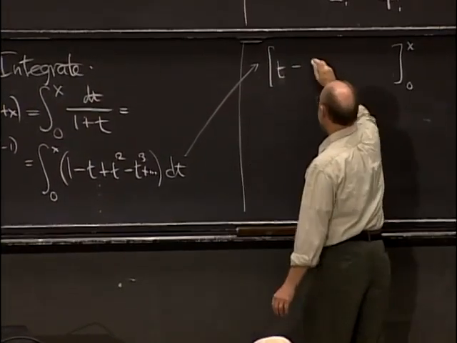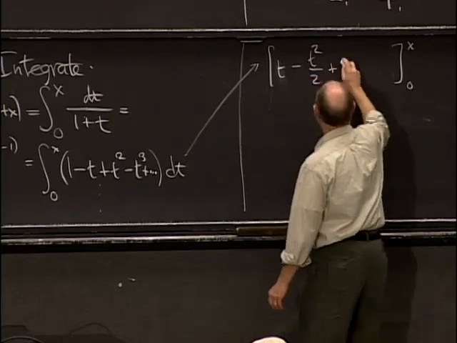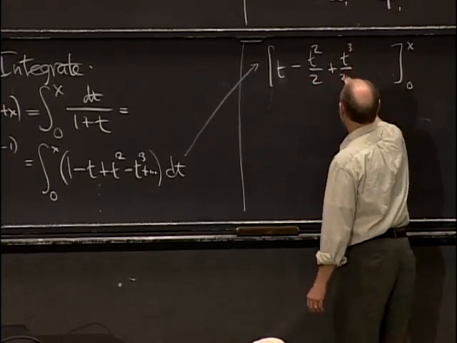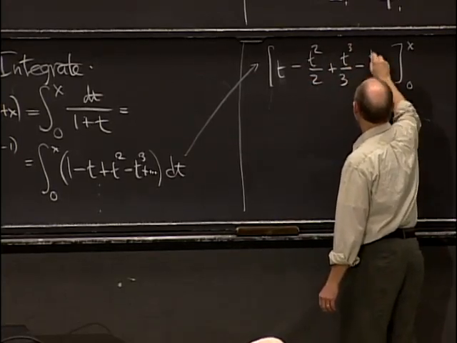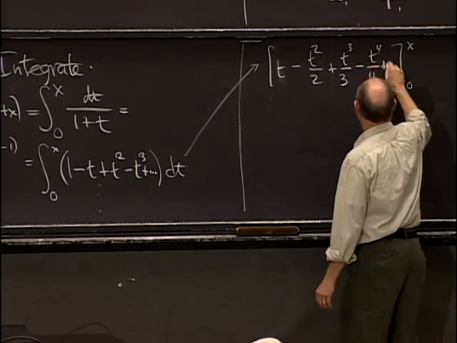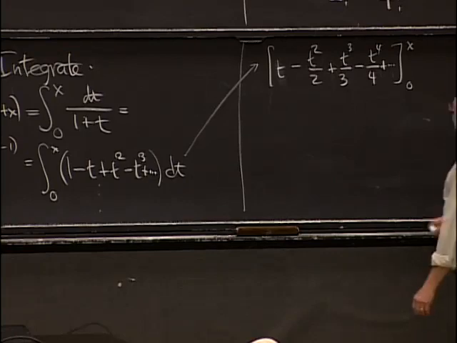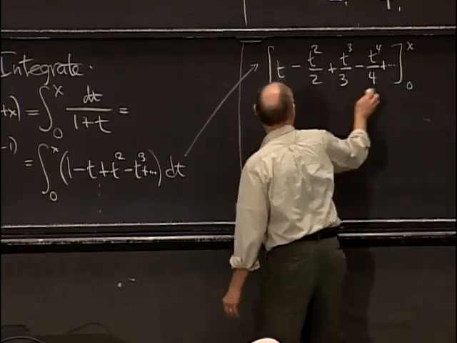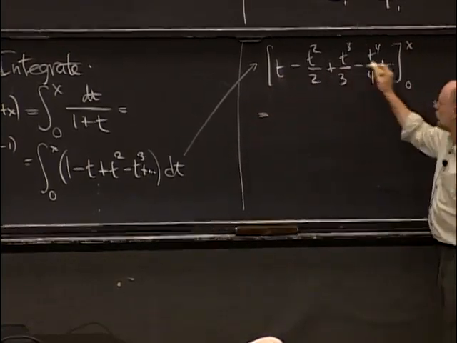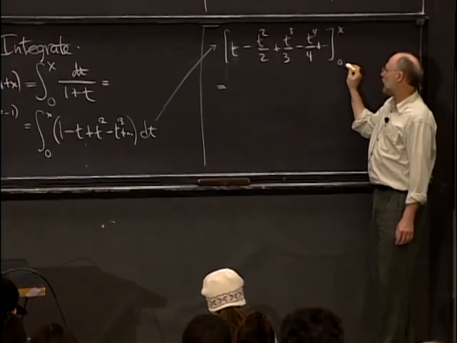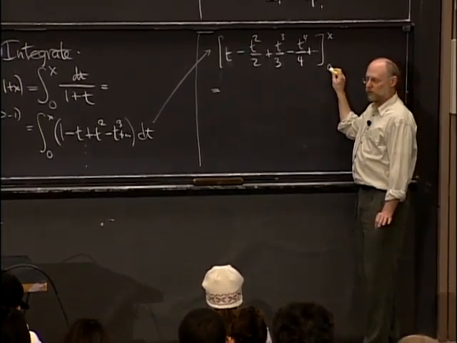When I integrate t, I get t squared over 2. t squared gives me t cubed over 3. And so on and so on. Then when I put in t equals x, I just replace all the t's by x's. And when I put in t equals 0, I get 0.